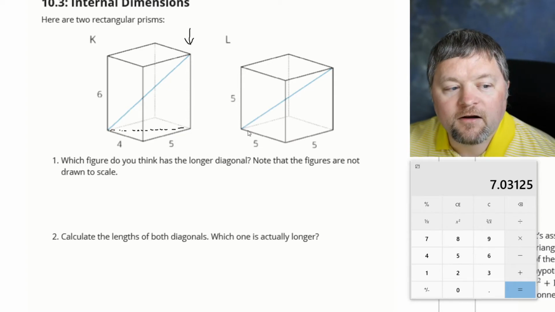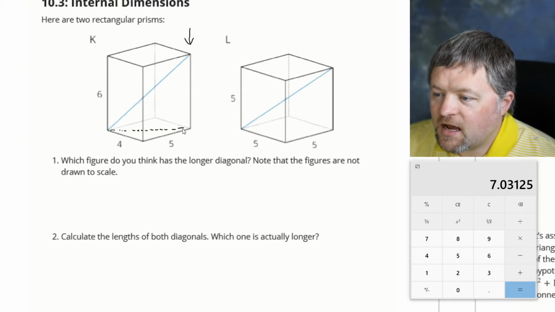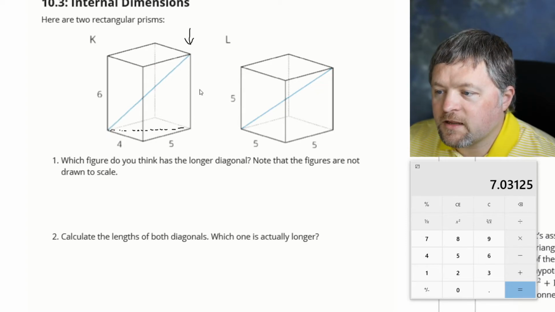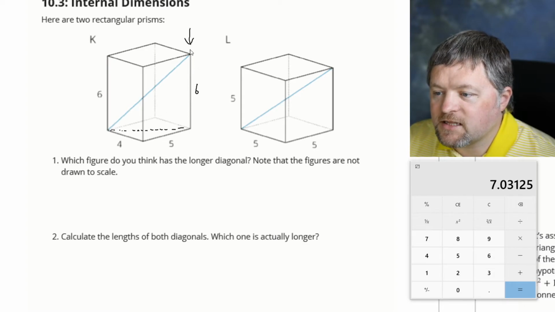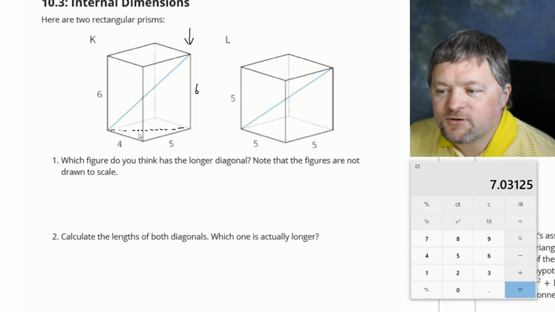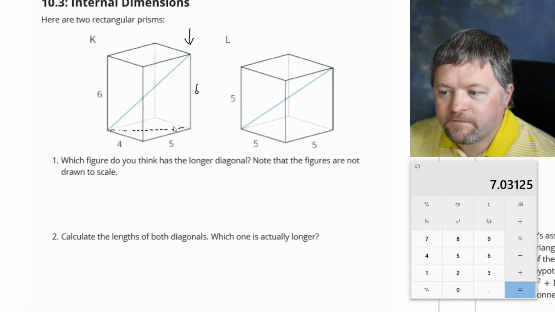From there, using this height, this diagonal across the base, and then this is our hypotenuse through the middle. We know this side is 6 meters because the height is the same on each side, but this line here, we actually have to use the Pythagorean theorem using this side length and this side length to find out what this is.